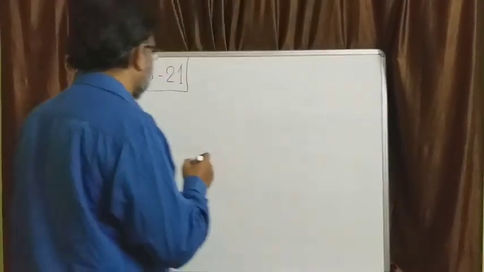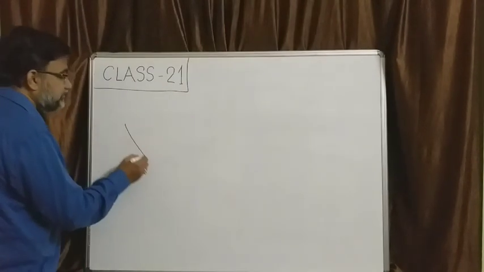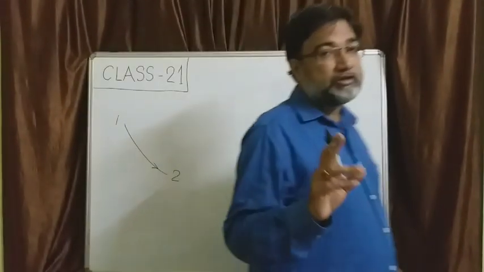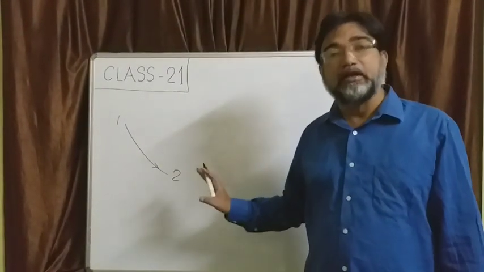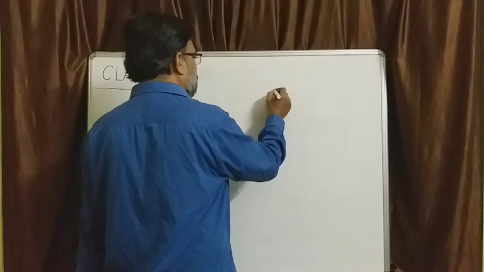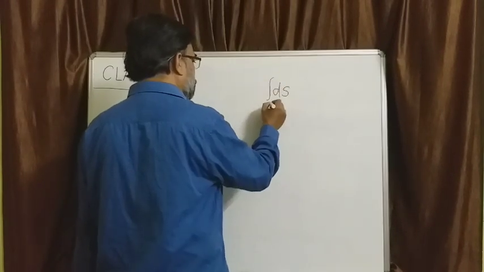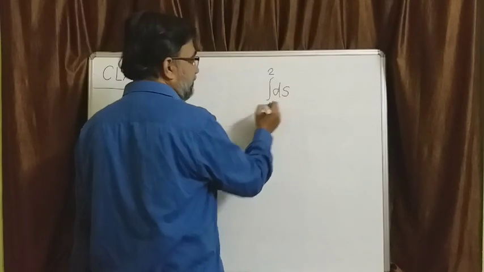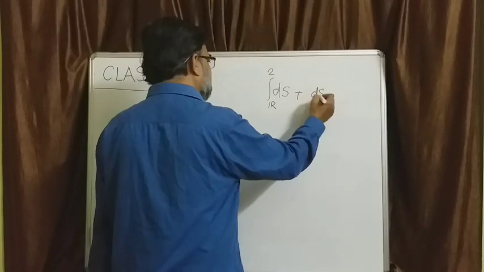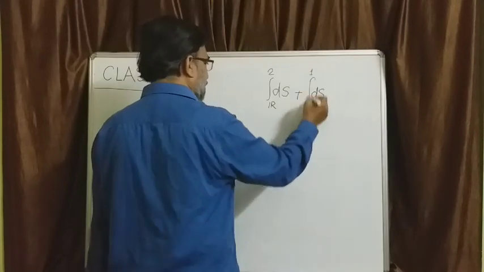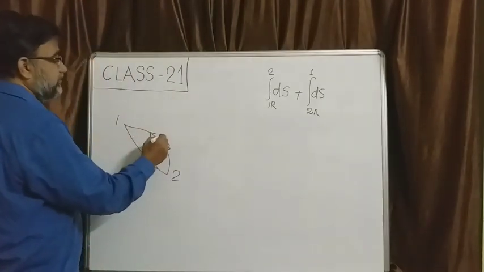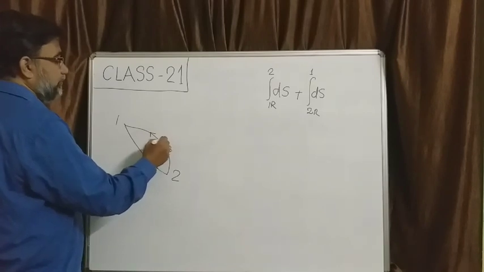Now see, take a process 1 to 2. What kind of process is it? Because it is drawn with a solid line, this is clearly a reversible process. Now in this process, ds 1 to 2 reversible plus ds 2 to 1 reversible. That means I complete the cycle by another process which is also a reversible process.